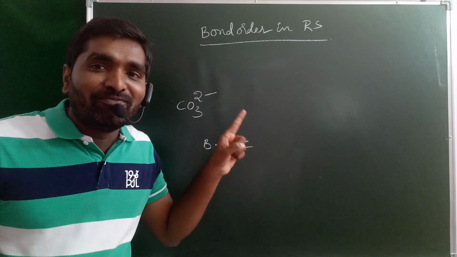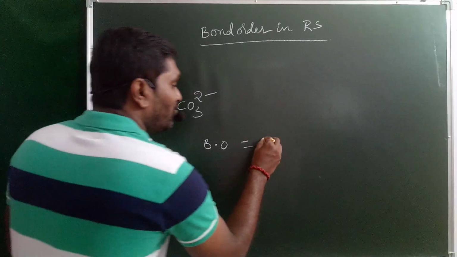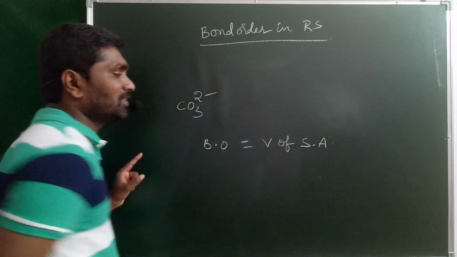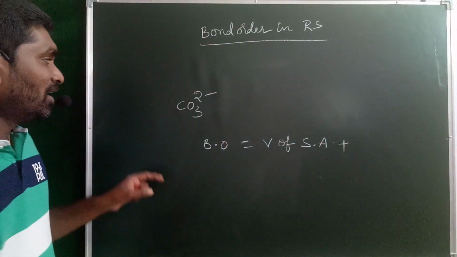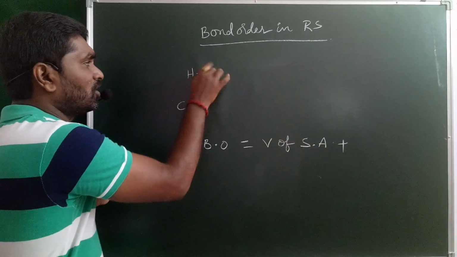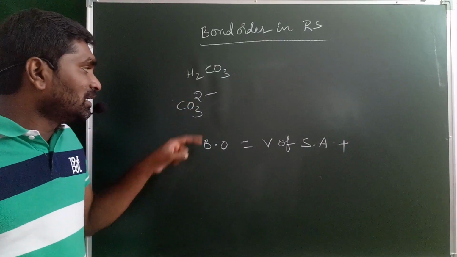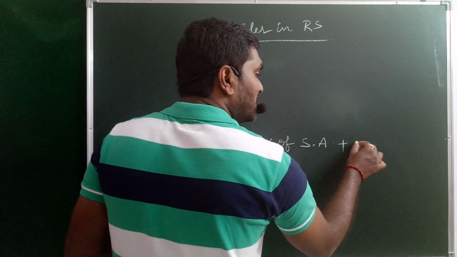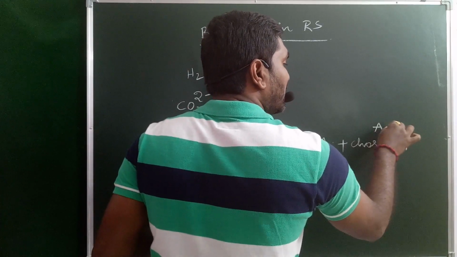The valency of the surrounding atom is required, plus the charge on the acid radical, which comes from the acid H2CO3, carbonic acid. The charge on this acid radical is required.